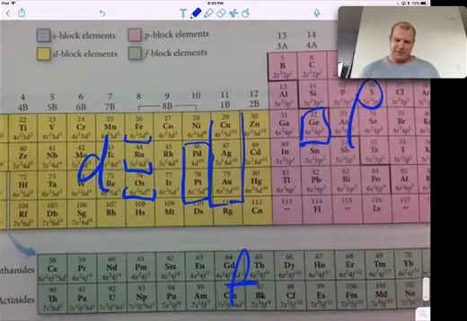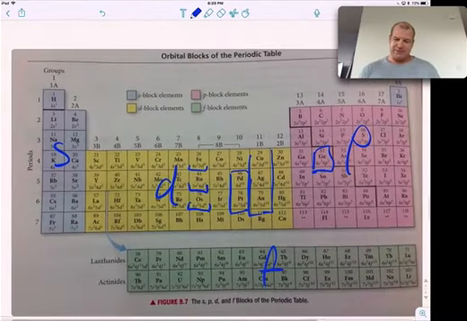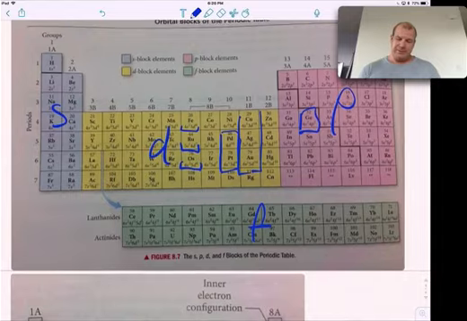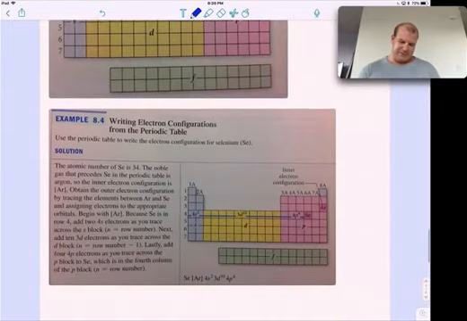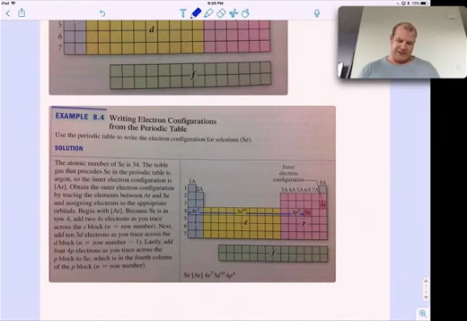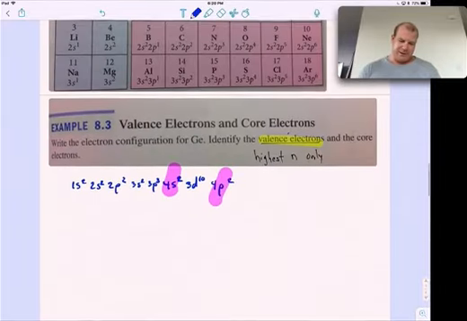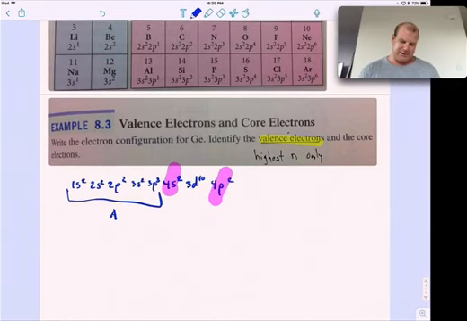Okay, but this is the general trend that electrons build up in this fashion, the s's and the d's and the p's, and these have different consequences. So let's do this. What is the electron configuration for selenium? Oh, and there's a shortcut. I should have done this with germanium. We can say this is argon's configuration. You can only do this for noble gases.